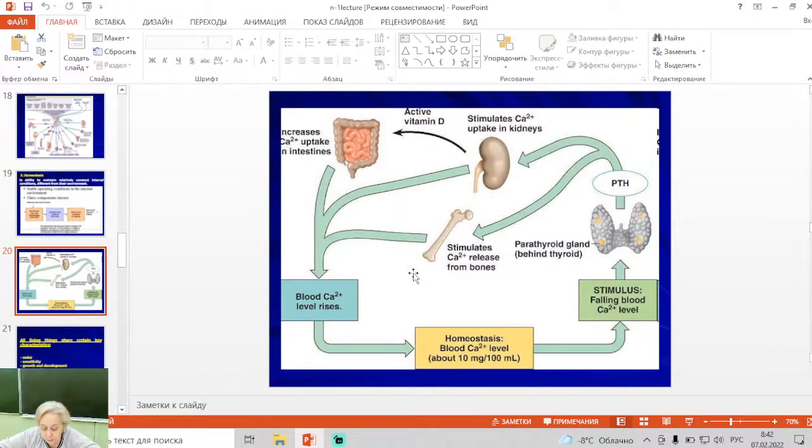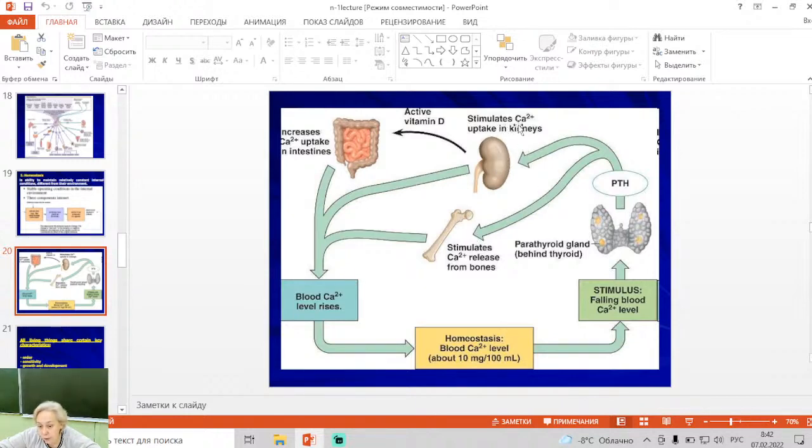In this picture, you can see the process of regulation of the level of calcium in the blood. For example, the stimulus is a falling blood calcium level. After that, the parathyroid gland, located behind the thyroid gland, with the yellow point on this picture, produces PTH hormone. This hormone influences the kidney and the bones.